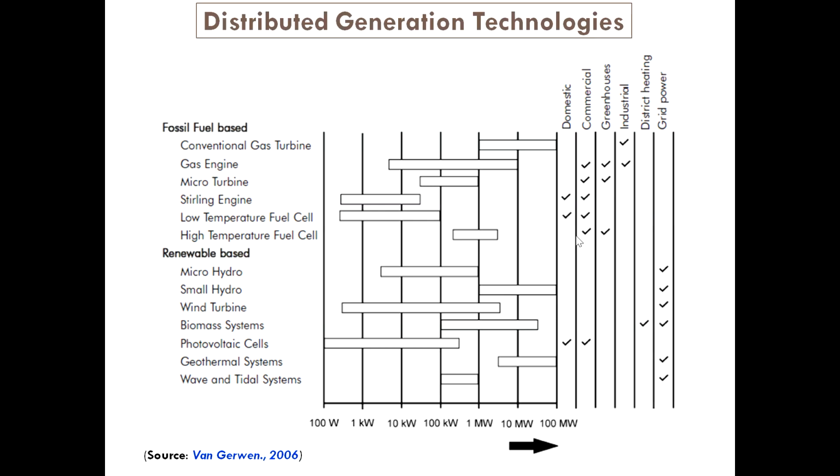What I can highlight here is, sometimes we may think that distributed generation is only renewable, but actually there are some fossil fuel based electricity generation systems that are classified under distributed generation.